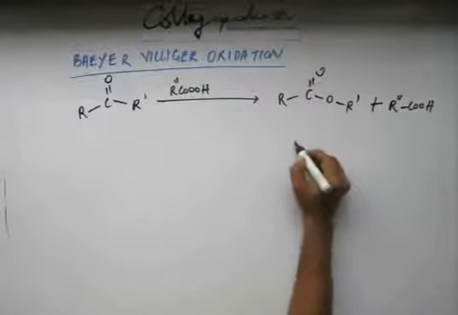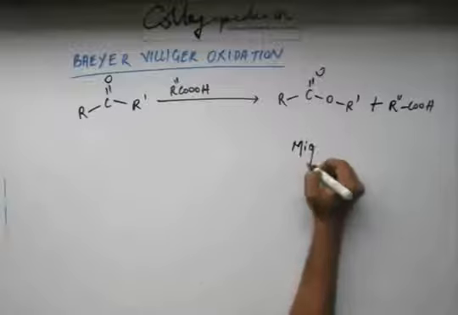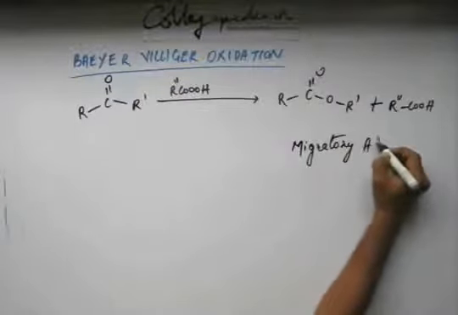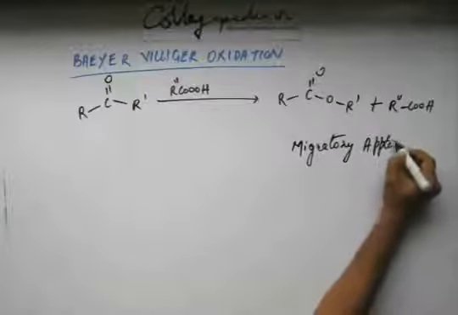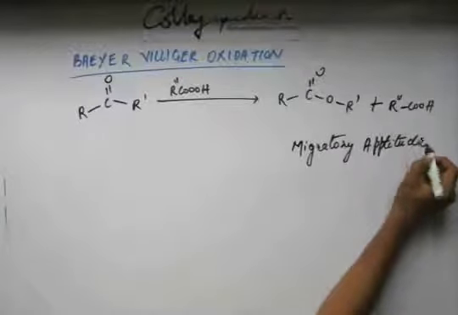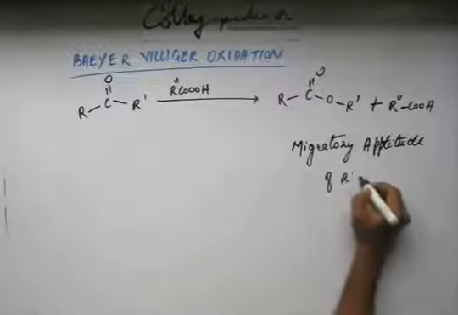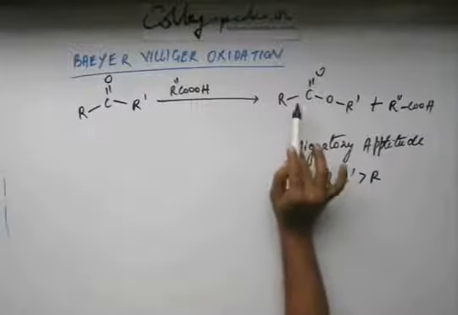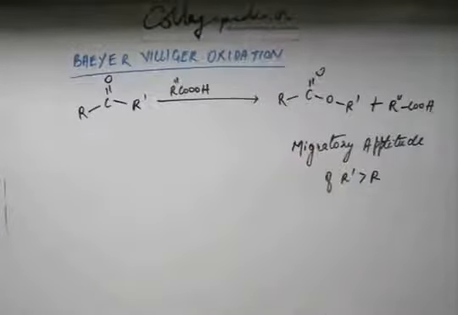Here we have considered that the migratory aptitude of R dash is greater than R. If the migratory aptitude of R would have been greater than R dash, then the insertion would have been between the carbonyl group and R. So when we solve problems, it will become more clear.